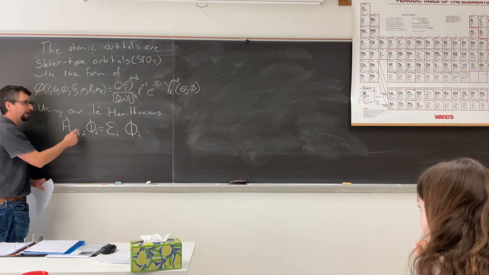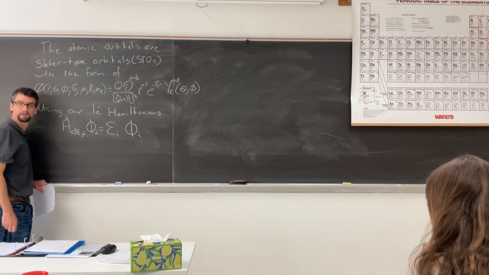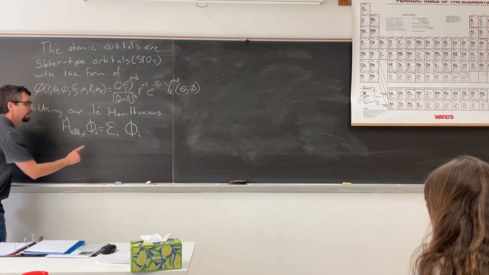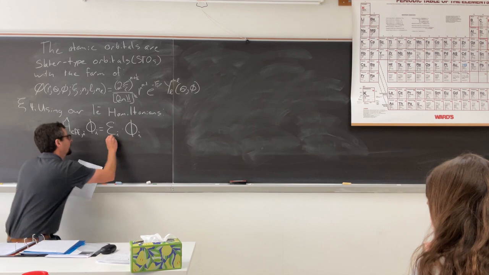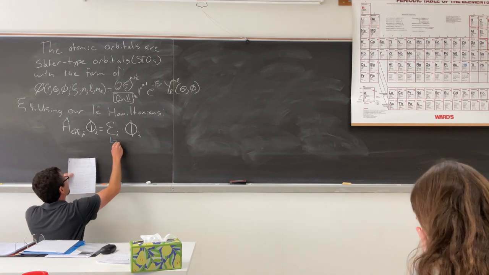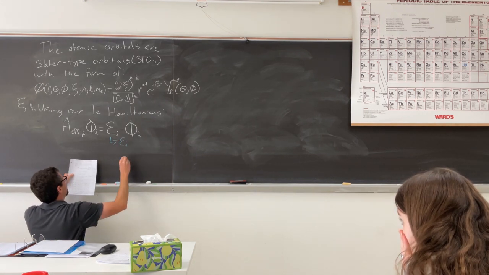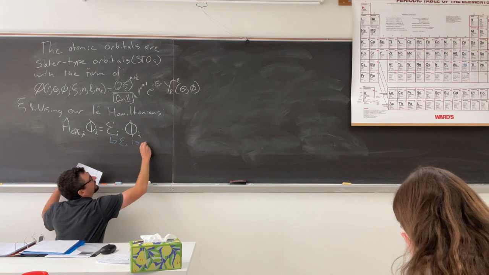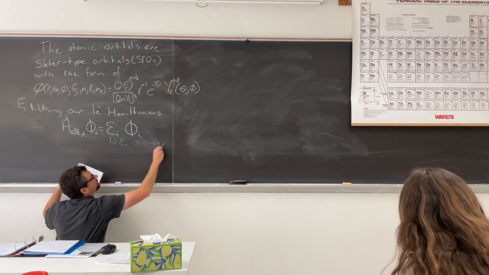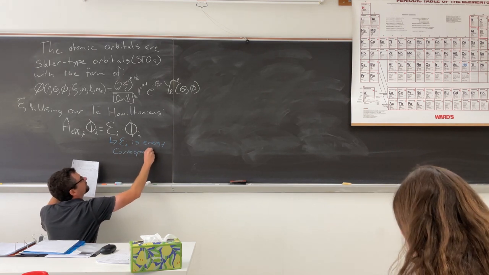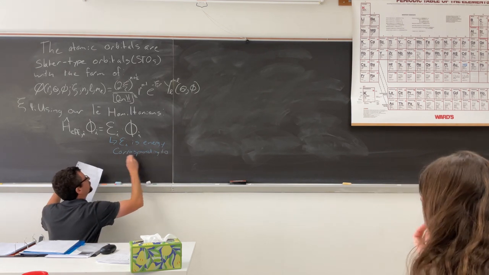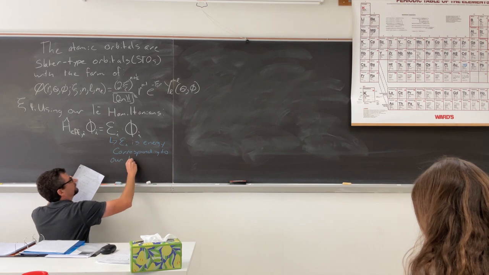When it acts upon a wave function, what does it spit out? Energy. This is our guess function, our MO. What these things are is the energy corresponding to our one electron orbital.